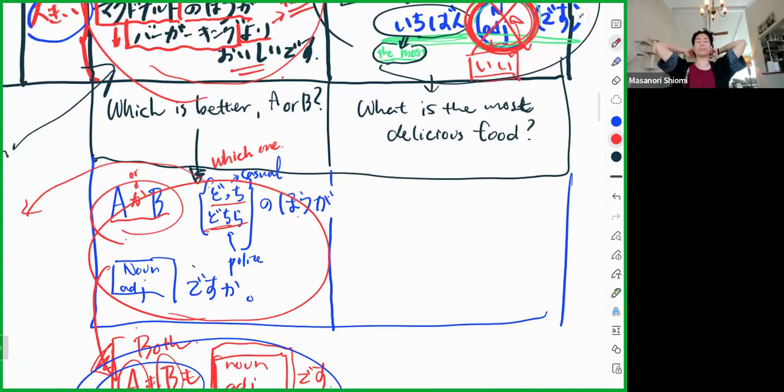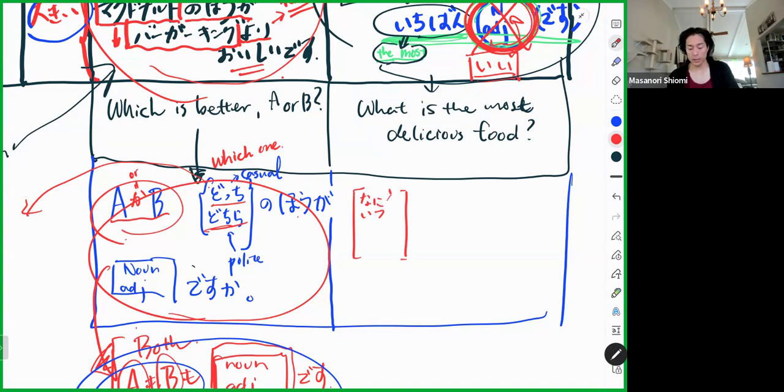3 or more things. How do we ask a question? What is the most delicious food? I think this is fairly simple. Whatever depends on what you're comparing with. Based on that, you decide among one of these question words, right?